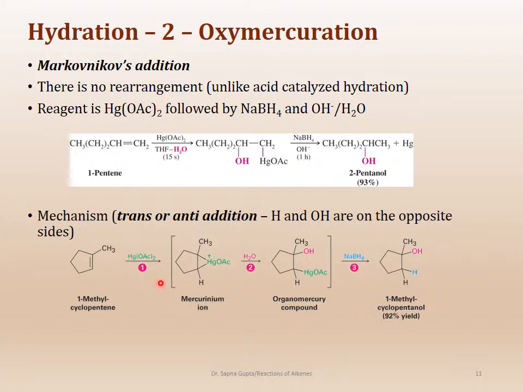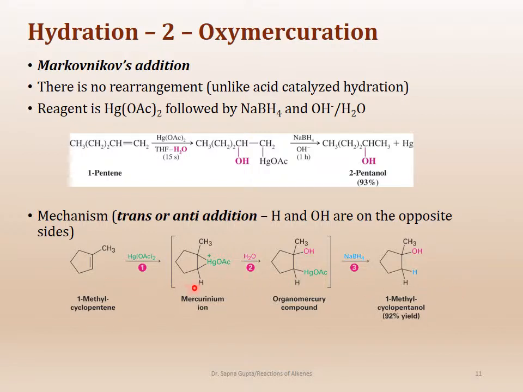So you have the mercury acetate, which forms this kind of an intermediate, then the water comes in, and the OH will attack the carbon with more substituents on it, which means again that the mercury acetate is going to the carbon with more hydrogens. And then sodium borohydride comes in and provides the hydride, or the hydrogen, to get rid of the mercury acetate over here. So that's what the reaction is doing.